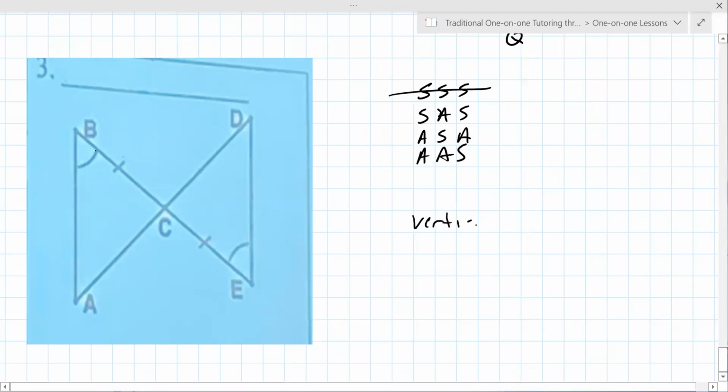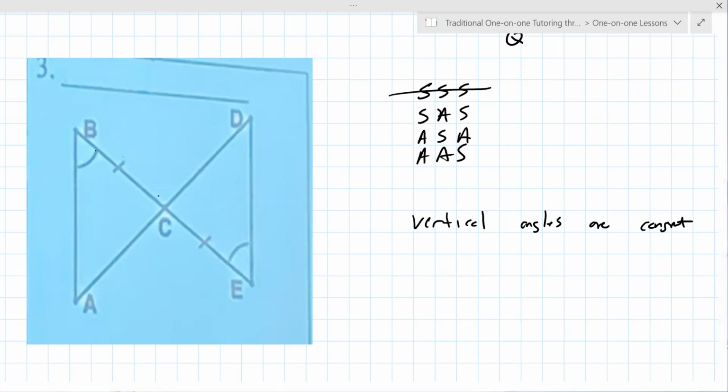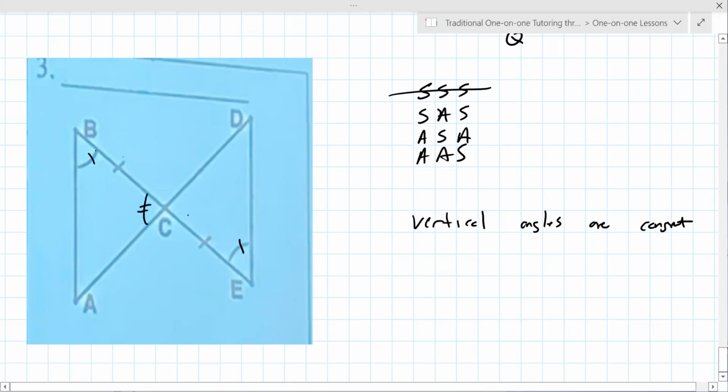Here's your hint. Vertical angle. Are there any vertical angles in this problem? Yes. Are these angles congruent? They are. Why are they congruent?